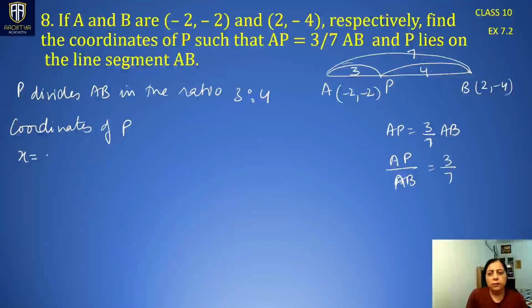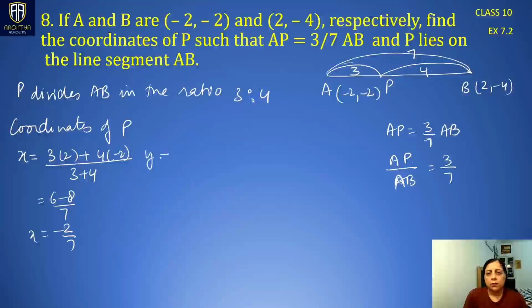For that, x is (3 multiplied by 2 added to 4 multiplied by minus 2) divided by (3 plus 4). 6 minus 8 by 7. This is minus 2 by 7. y is (3 multiplied by minus 4 plus 4 multiplied by minus 2) divided by (3 plus 4).